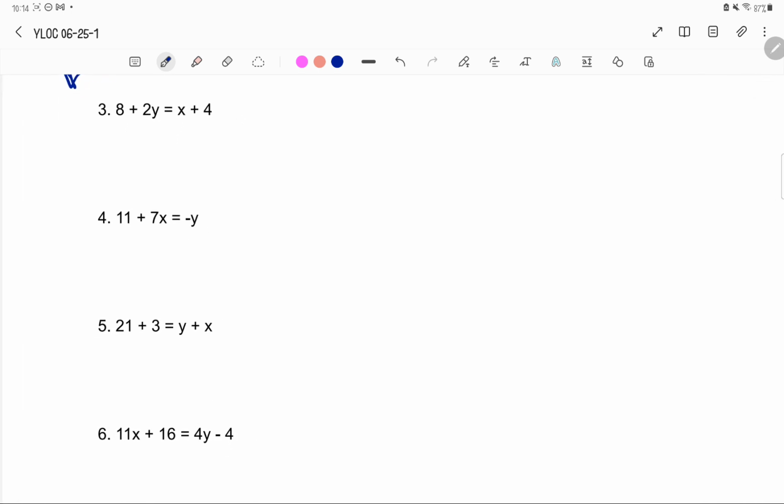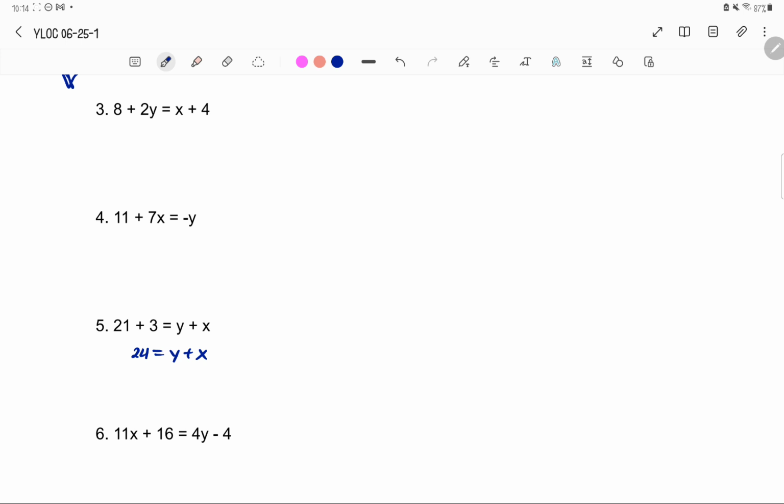So it is 21 plus 3 is equal to y plus x. If you see this problem or other problems that have like terms, numbers without variables, you can simply combine them together. So if we rewrite it, it's going to be 24 equals y plus x.